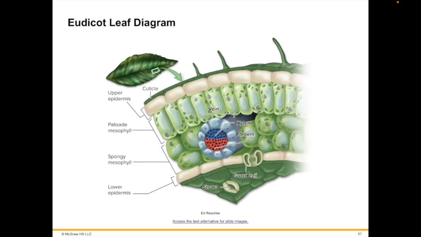The mesophyll of monocot leaves often is not differentiated into palisade and spongy layers, and there is often little distinction between the upper and lower epidermis. Instead, cells surrounding the vascular tissue are distinctive and are the site of carbon fixation.